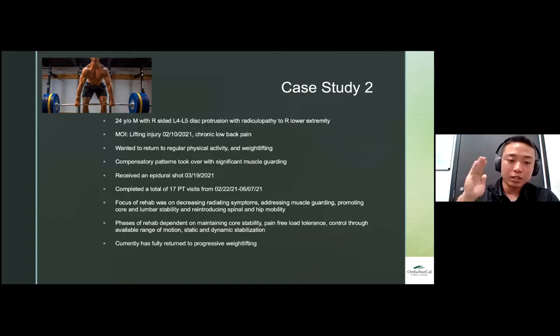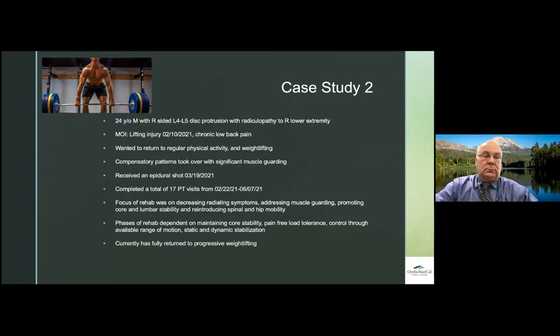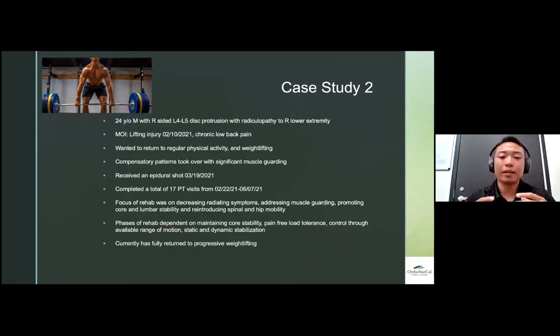And now that discomfort and pain has gone down, but his active subsystems are not able to function very well. So we had to actually work on his muscle groups and address the ones that are causing too much stiffness, muscle guarding, decrease some of that, promote a lot of stretches on the tissues that are too tight, and then gradually engage the right musculature, because his body has learned a lot of compensatory patterns to decrease some of this pain.